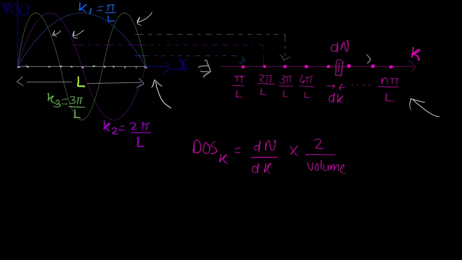One observation that we made in the last video was that the distance between two consecutive states in this domain is always constant, and this distance is equal to pi by L. So now here's a question. How does that affect the concentration of states in the k domain?